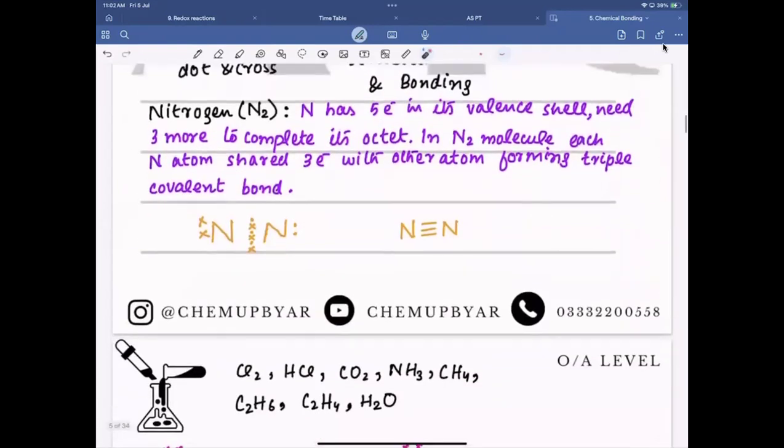Now this is a small task for you. Can you try to make the dot and cross diagrams for these compounds? Do it and then WhatsApp me.